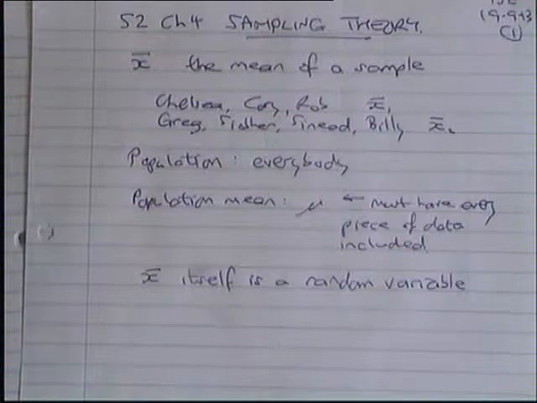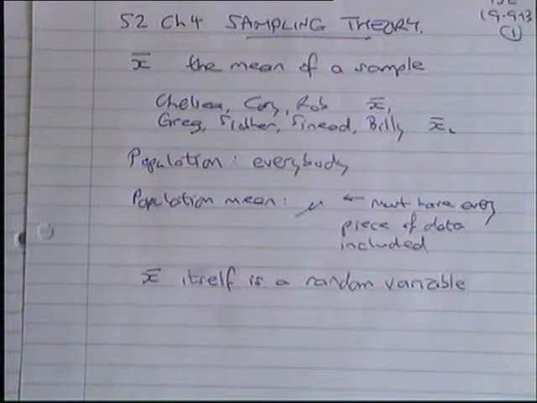So, x bar itself is a random variable. It will be different depending on who's in the sample. Okay? What do you think the average x bar should be? If I took lots of different samples here, and then averaged those averages of the samples, what do you think the average sample average should be?